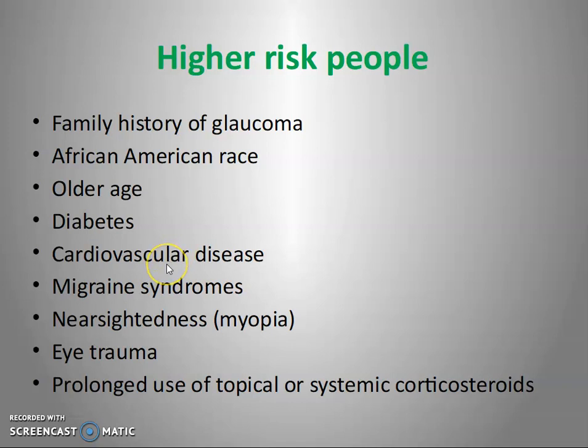In patients with migraine, there is production of a vasospastic condition. Again, they can damage the optic nerve. In patients with nearsightedness, that is myopia, the condition develops because the rays are reflected in front of the retina and are not proper, and that's why the person is able to visualize just nearby objects.